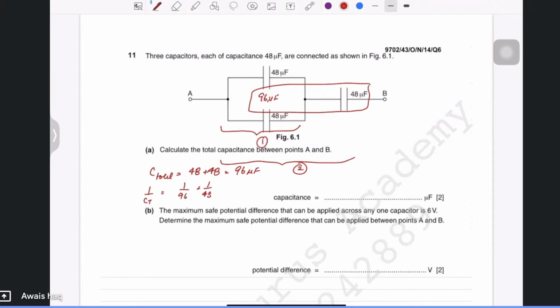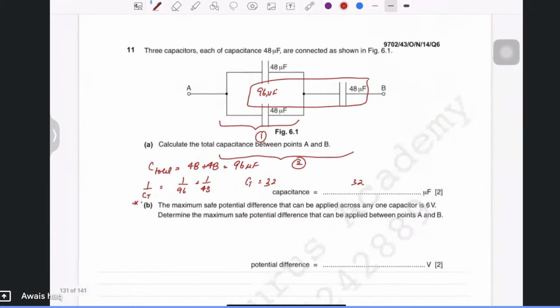So what do you get, please? 32 microfarads. Now it says the maximum safe potential working that can be applied to one of the circuit. I'm going to come back to this in a bit, okay? But no worries. First you write this and then we're going to go forward.